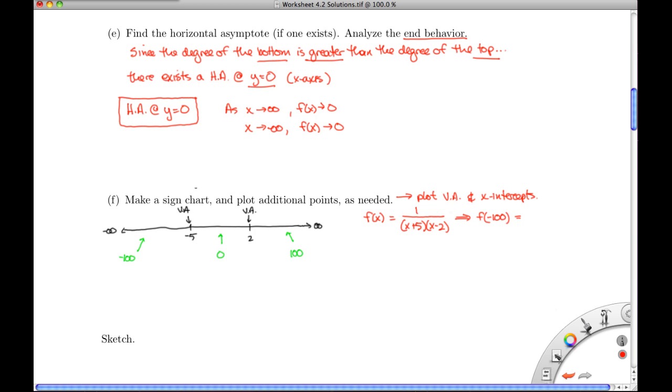Up top, we've got +1. That's always going to be a positive number. And if we plugged in -100 for x, we'd have -100 plus 5, which would be a negative number. And then we'd have -100 minus 2, which would also be a negative number.